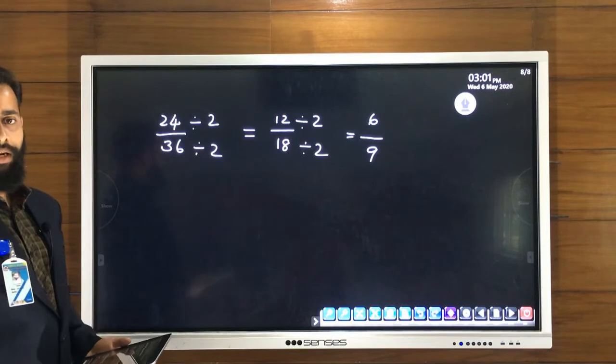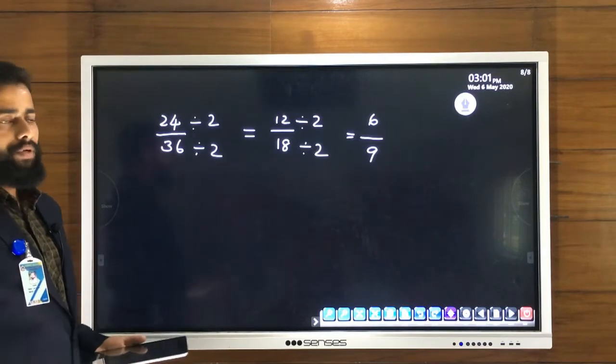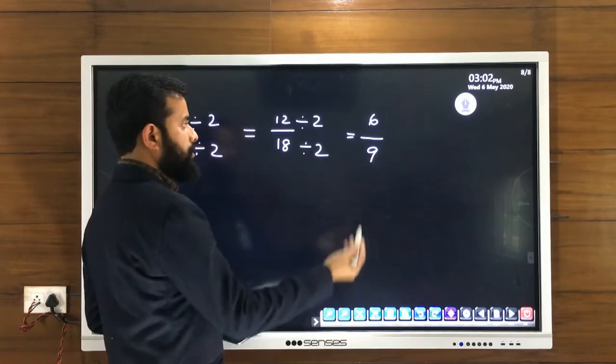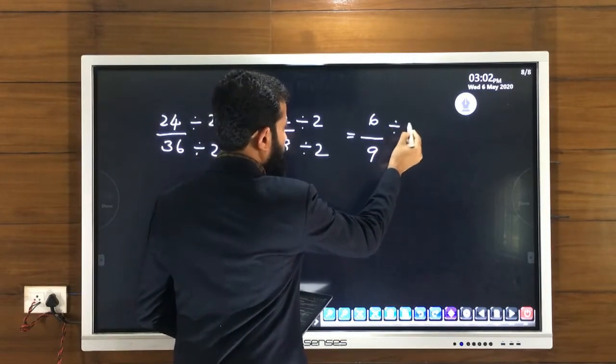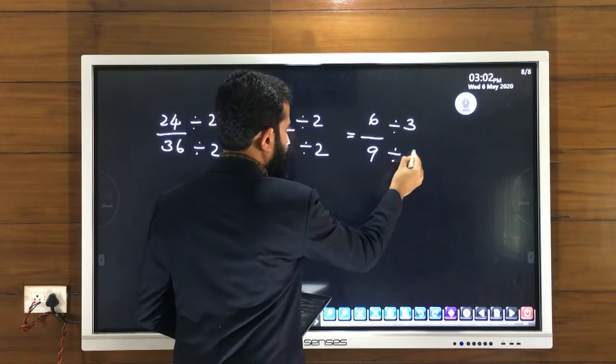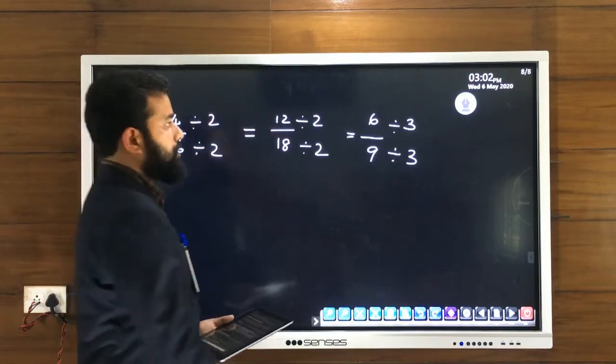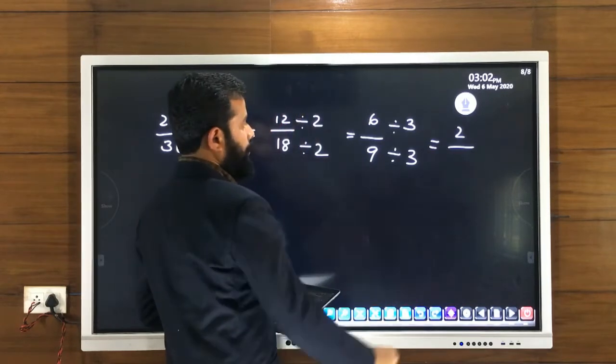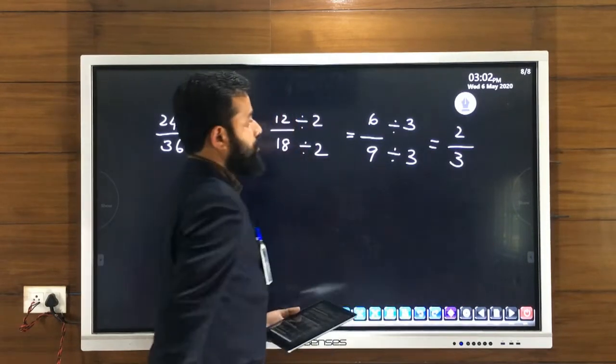Check it once again, 6 and 9. Again, both have a common factor other than 1. 3 is a common factor. So divide both by 3. 6 divided by 3 is 2, and 9 divided by 3 equals 3.